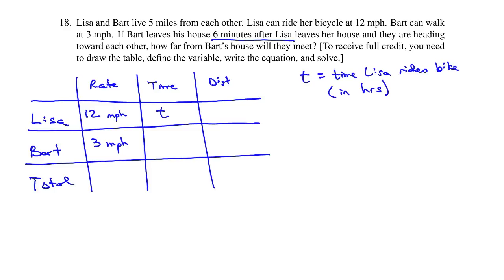So that means Bart's time is going to be t minus, and now we have to be careful with the units. The 6 was 6 minutes, not 6 hours. So we need to change this to hours, and so it's t minus 6 over 60.